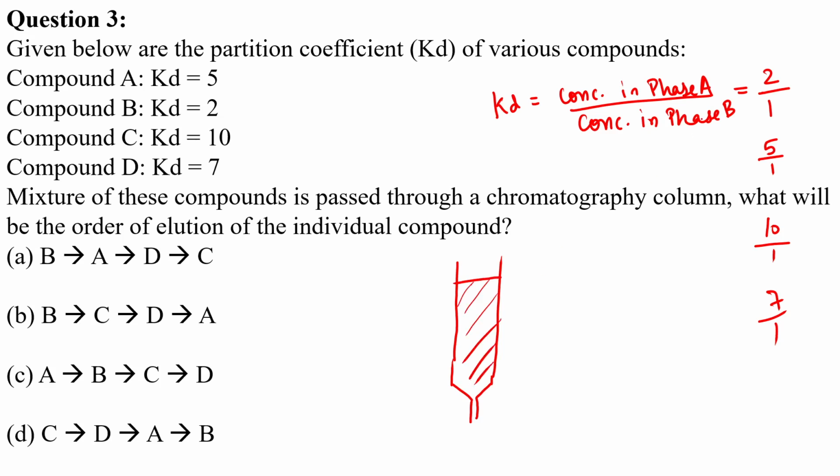Phase A is the stationary phase. So, let's start with compound A. 5 parts of compound A are in the stationary phase. Now, for compound B, only 2 parts are in the stationary phase.